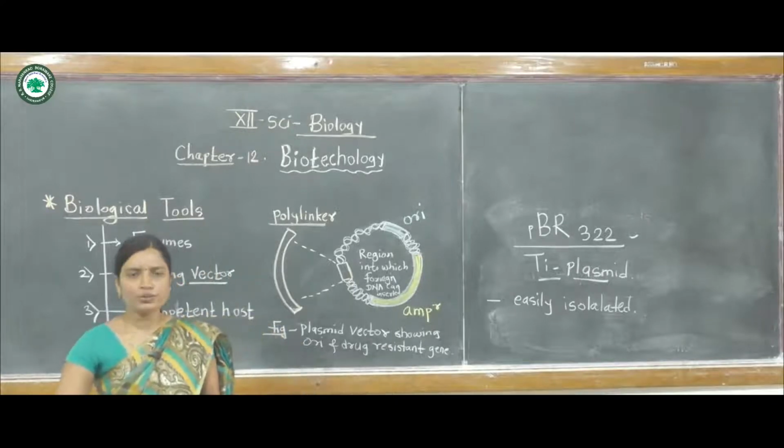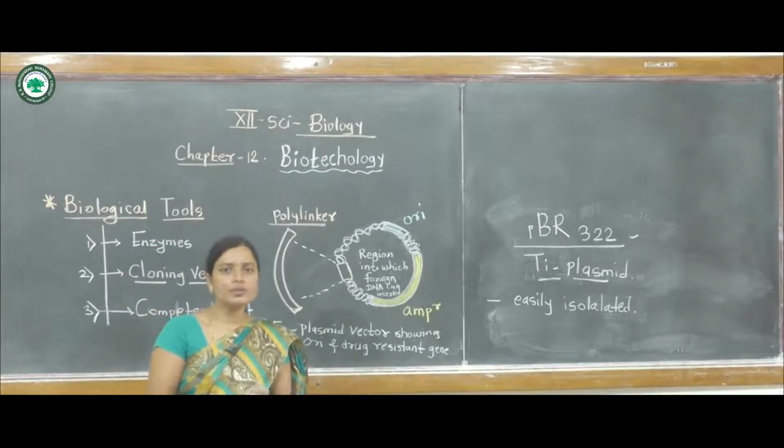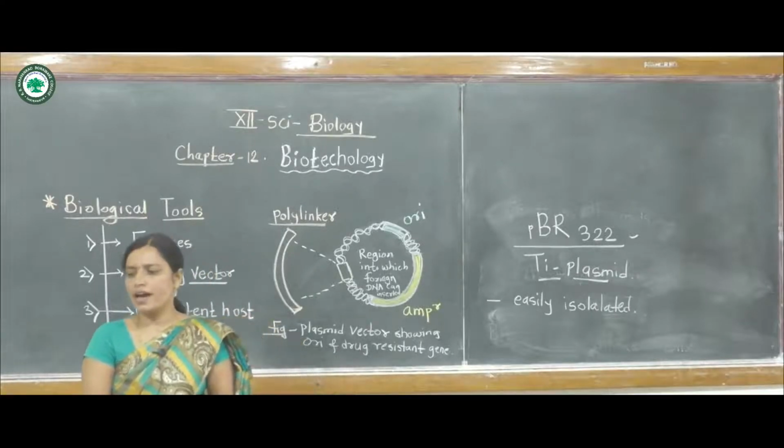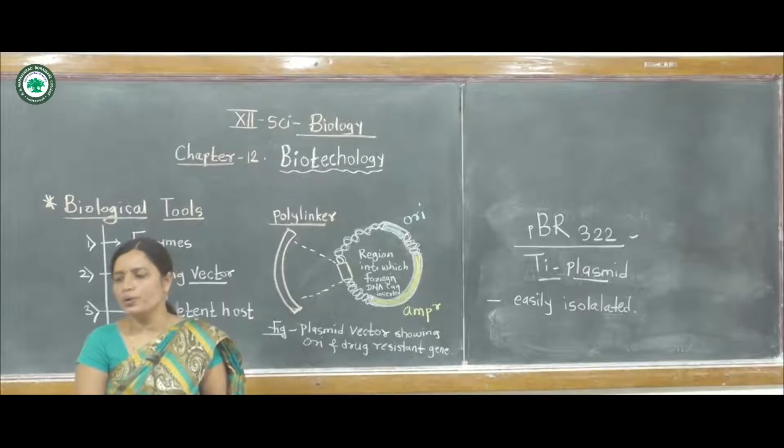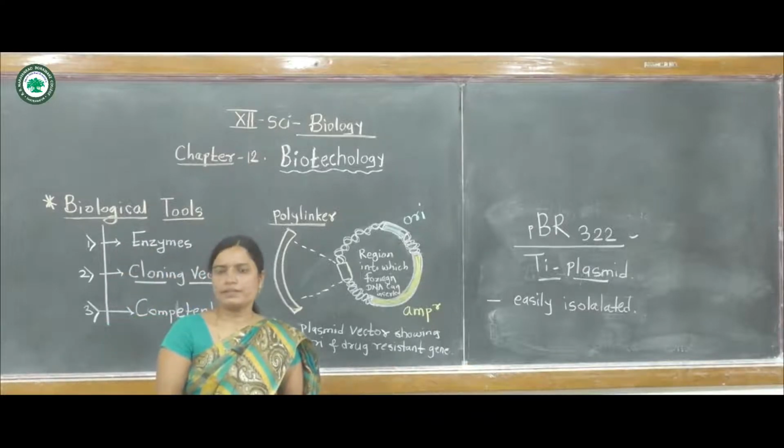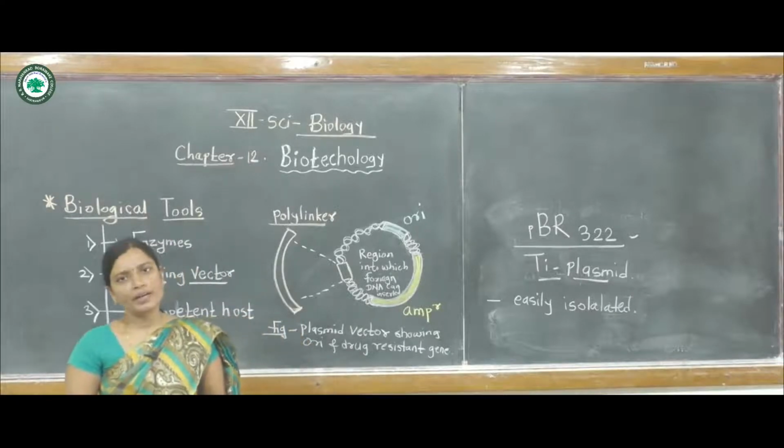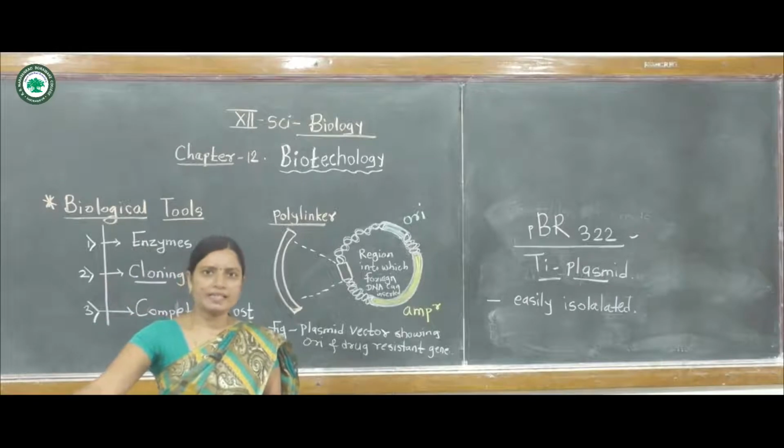It should have marker genes, and it should have control elements, meaning sites like the promoter, operator, or the ribosomal binding site.